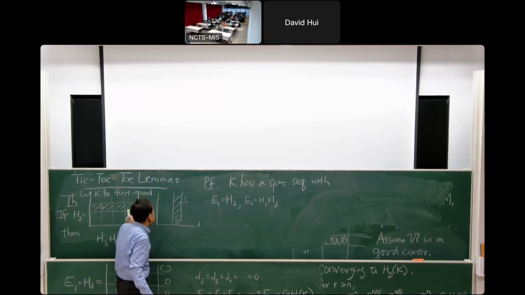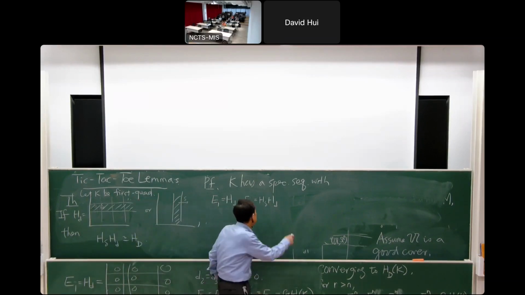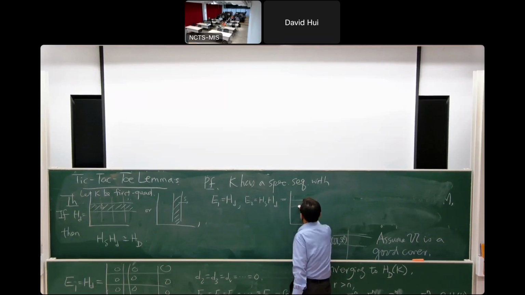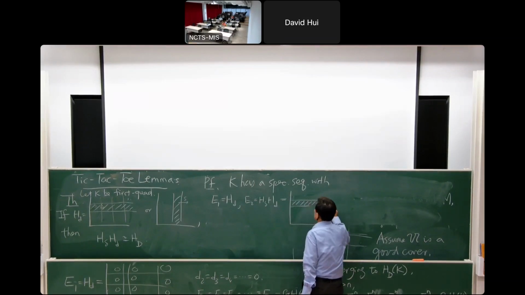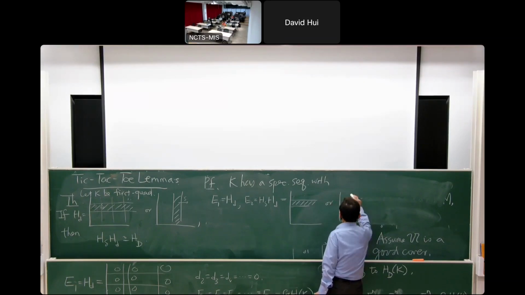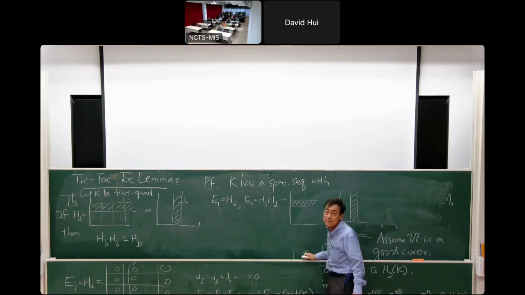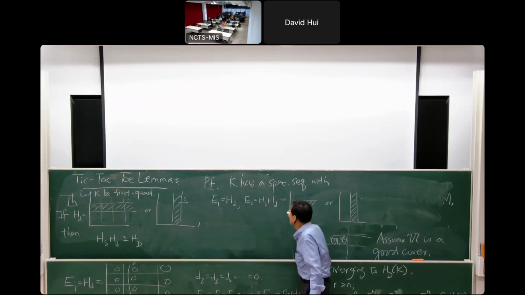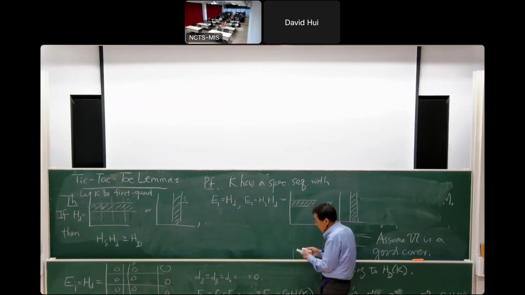So, in any case, it will look the same. The shaded area might not be the same, but it just indicates that it's non-zero. So E2 looks like that.